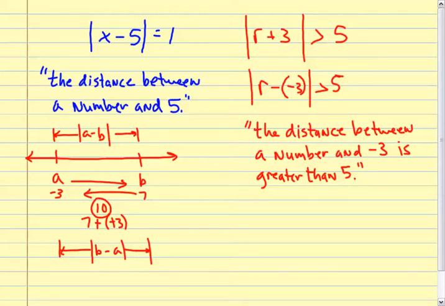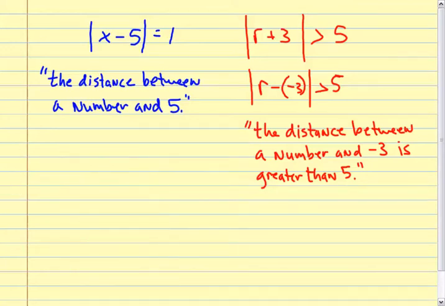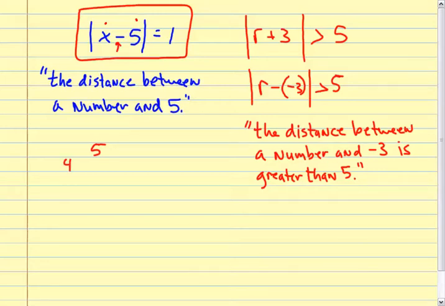So I want you to look up here at the blue writing. It says that this absolute value equation is saying the distance between a number and 5, because we're subtracting, and subtracting tells us the difference, is 1. What numbers are 1 from 5? Well, 4 and 6.